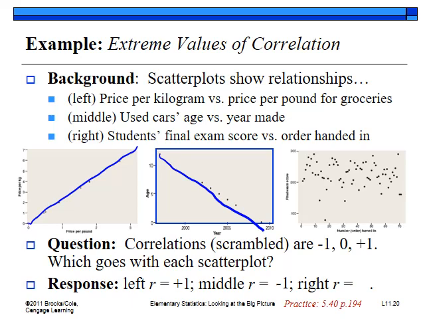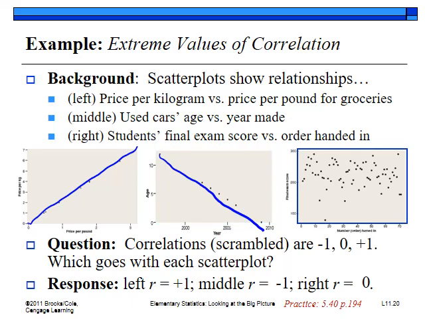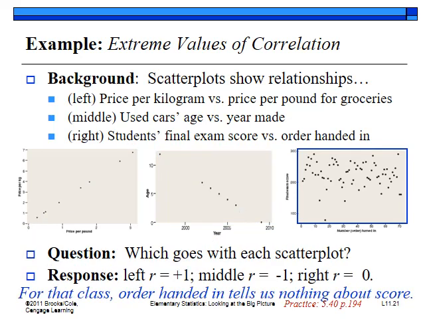The graph on the right does not seem to exhibit much of a linear relationship at all. In fact, R is 0. The way that we interpret the fact that R equals 0 for the right-hand graph is, for that class, the order in which the exam was handed in has nothing to do with the final exam score.